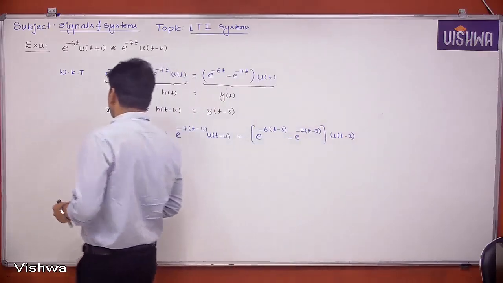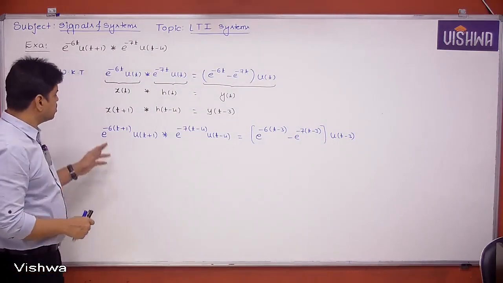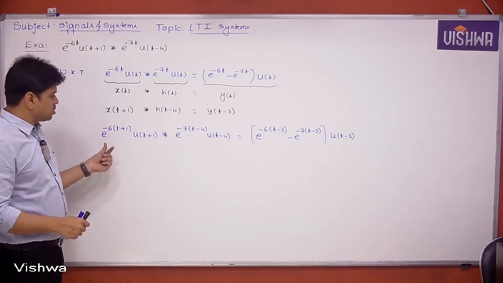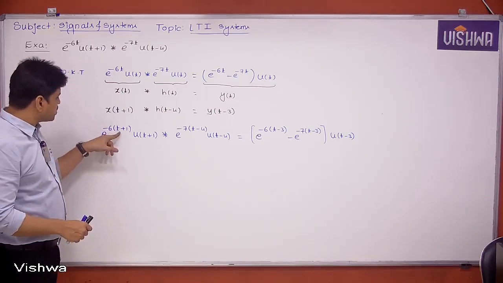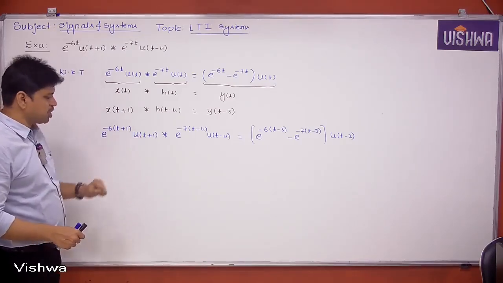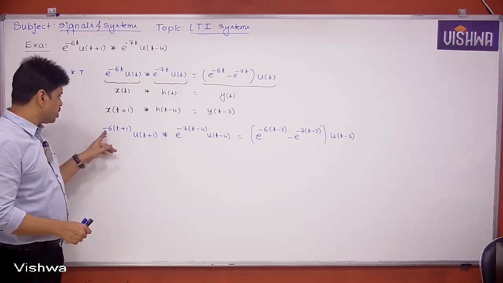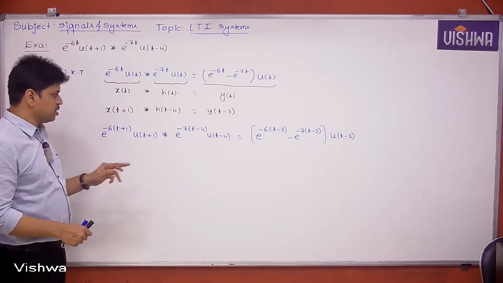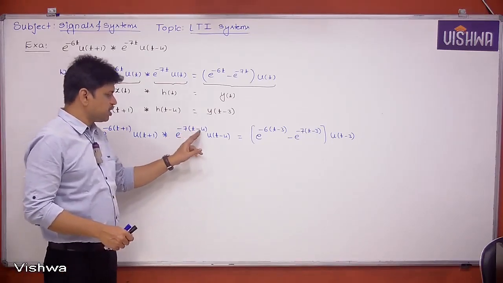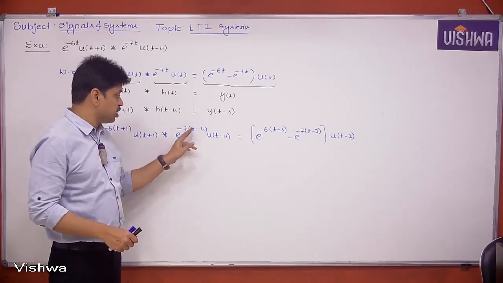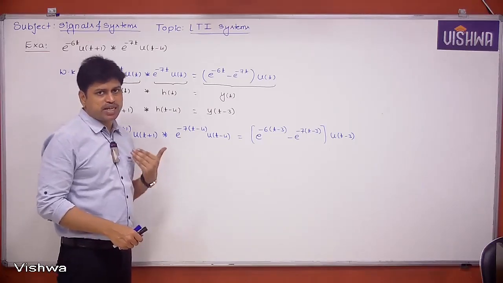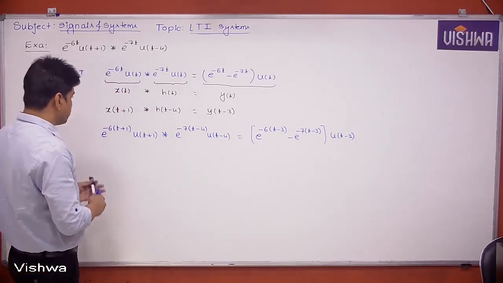Okay. Now if you try to understand, here we are having extra terms. What are they? e power minus 6t, that's what we require. u of t plus 1 we require. But we don't want the e power minus 6. And here also e power minus 7 into minus 4, that is nothing but e power 28. These two terms are extra for us. So bring them out.